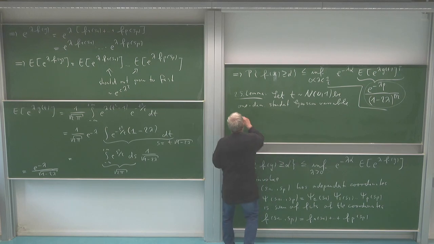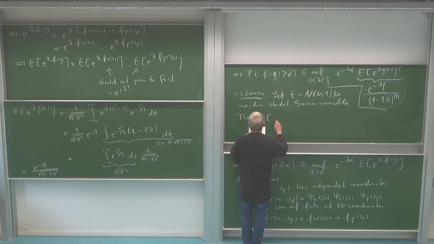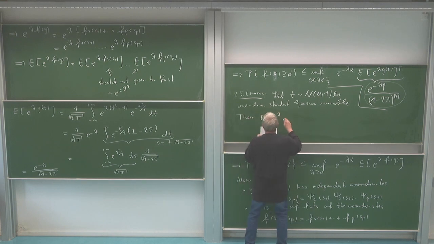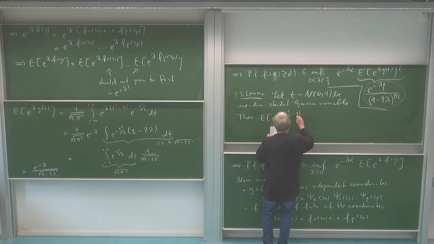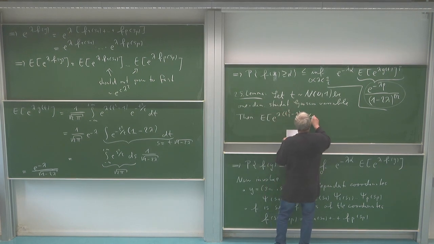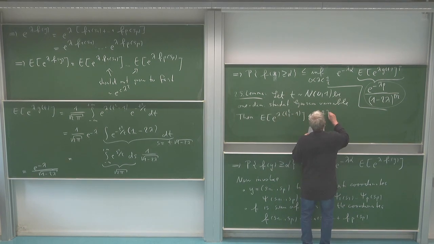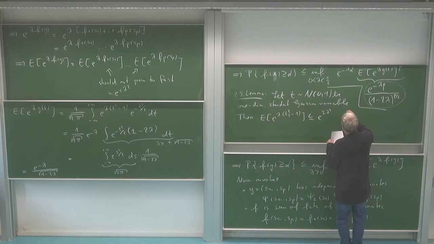And then I'm claiming that actually we really can estimate e to the lambda (t squared minus 1) against e to the lambda squared times some constant, and here I can choose the constant e to the 2 lambda squared.